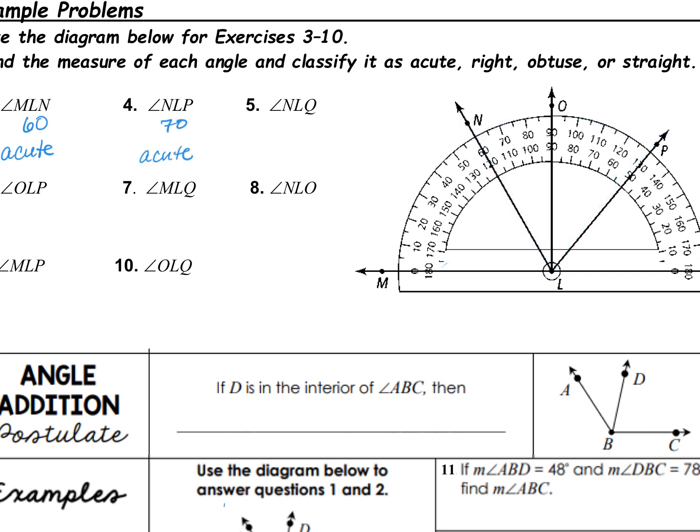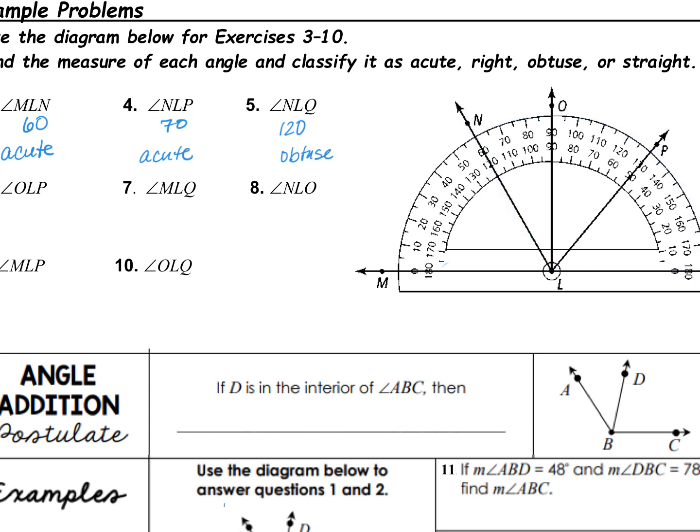All right, the next one is angle NLQ. So we need to know what this measurement is. So that is 180 minus 60, which gives us a total of 120. Since that one's bigger than 90, that angle is going to be obtuse.